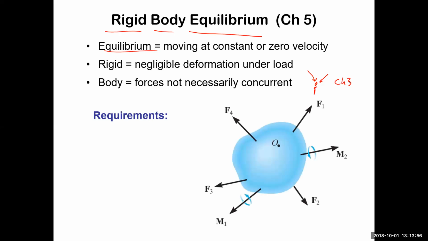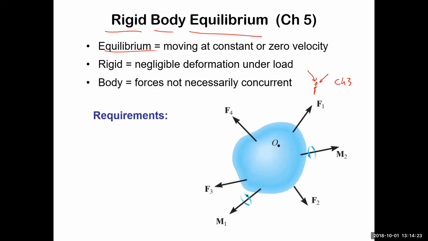In our new situation, our body can be some amorphous blob. Forces could be acting at it. They look like they might be concurrent, but they're not. And you can also have moments acting on the body as well. And these M1 and M2 are couple moments, but remember, you can always replace couple moments with what?